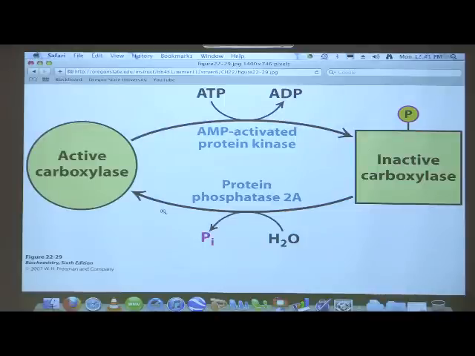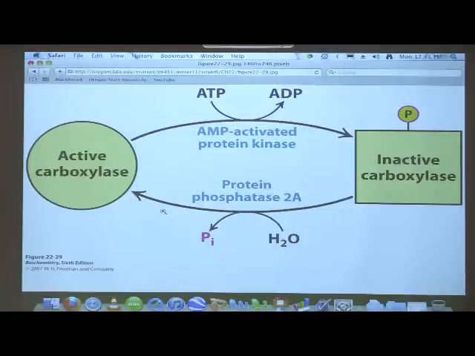So it turns out palmitate is a feedback inhibitor of this enzyme. Palmitic acid is a feedback inhibitor of this enzyme. When it's present, the enzyme shuts down. Okay? There's also an allosteric activator of the enzyme. And that is citrate.